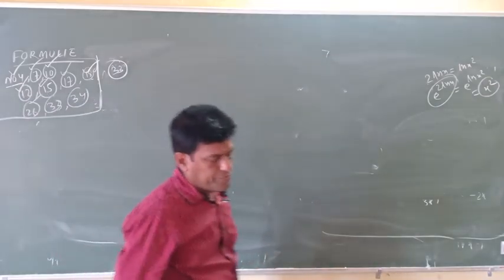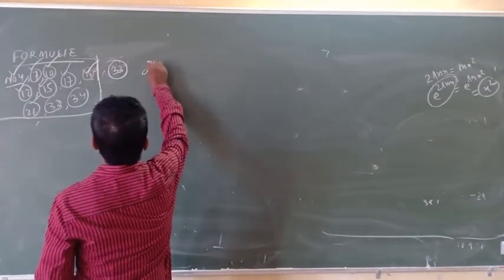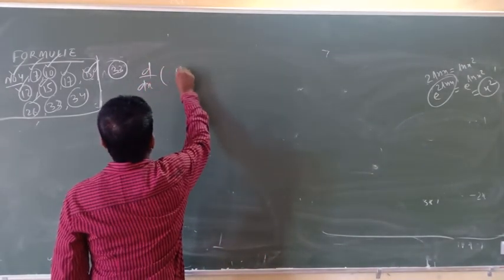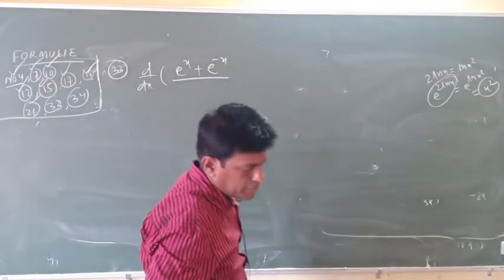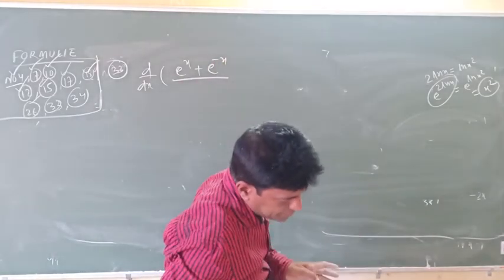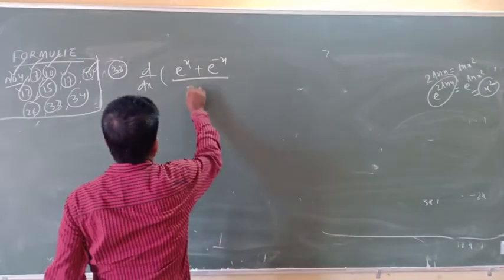You look, d by dx of e to x plus e to minus x divided by x square plus 1.